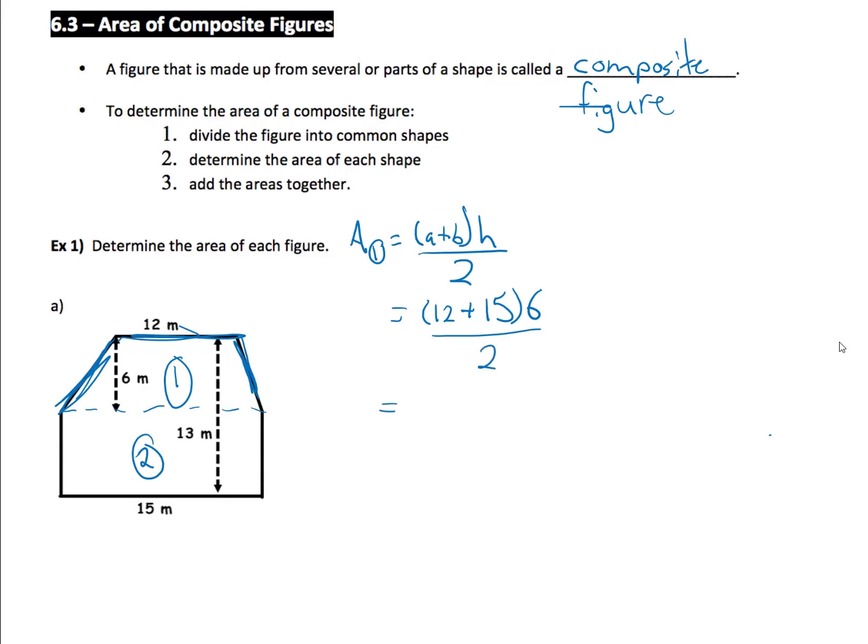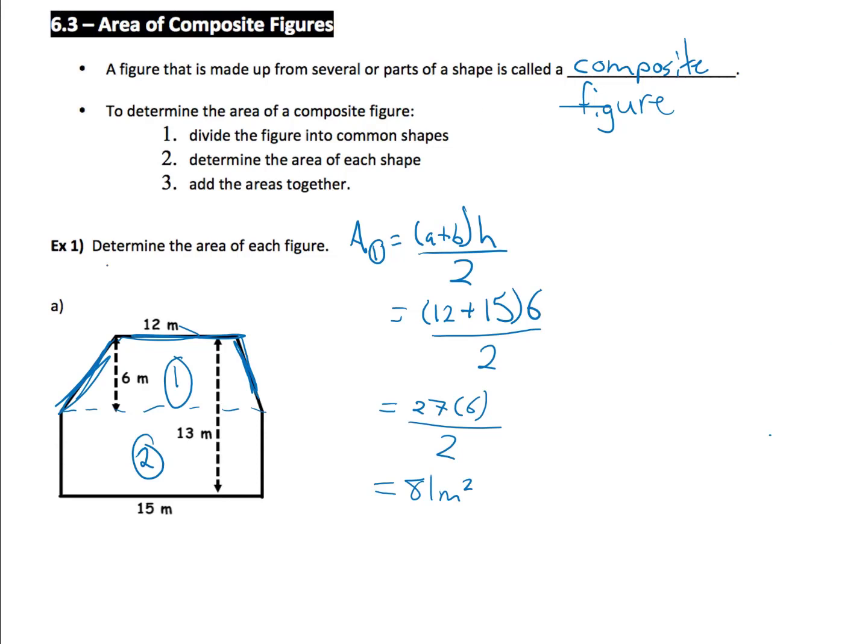So now you use BEDMAS. You do what's in the brackets first, then multiply, then divide. 12 plus 15 is 27. It's 27 times 6, all over 2. Then you can use your calculator, multiply by 6, then divide by 2, and you should get 81. Because it's area, it'll be in meters squared.